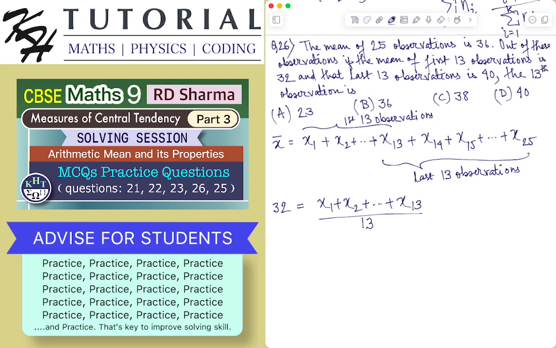Again, it is saying that the mean of the last 13 observations is 40. So I have 40 equal to the last 13 observations, which start from x13, x14, and then up to x25, divided by 13. From these two equations, I have to find x13. The 13th observation means x13. Okay.